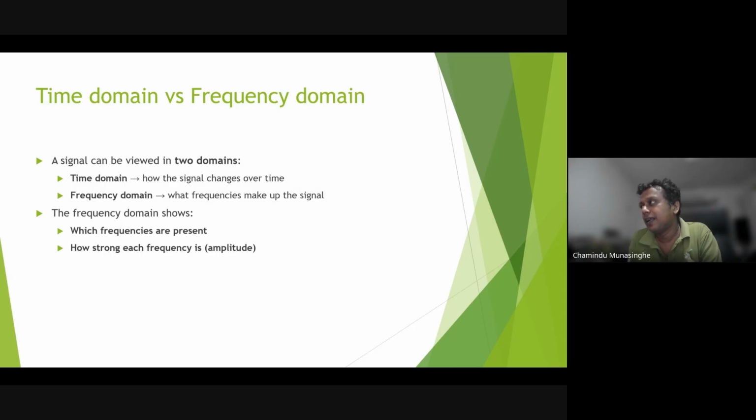This can be done because we can represent any complicated waveform as a sum of a series of sinusoids, right? So in the frequency domain, what it shows is which frequencies are present and how strong each frequency is, so the amplitude of each frequency.